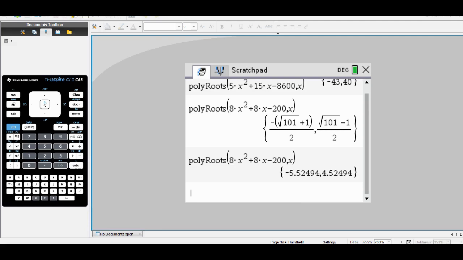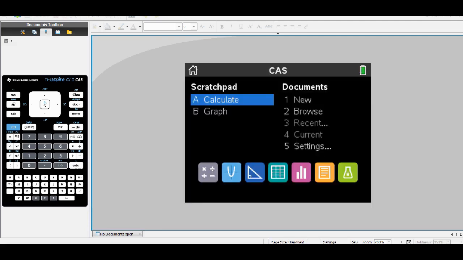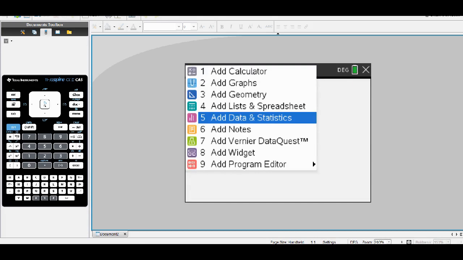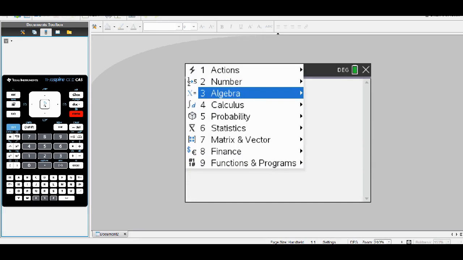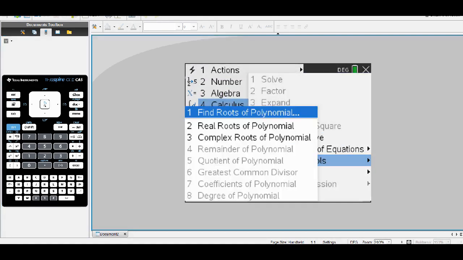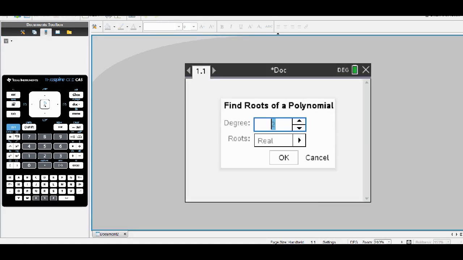How can we solve this? Remember, we could use our calculator. Let me show you again how to solve it. Algebra, polynomial, degree 2, find roots.